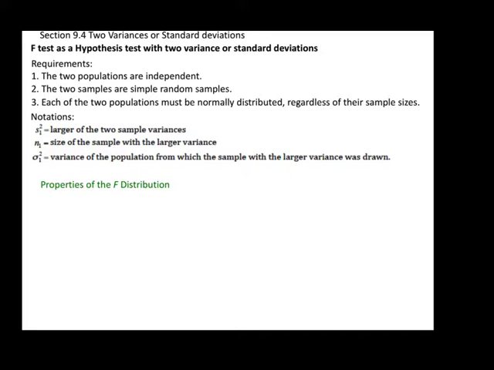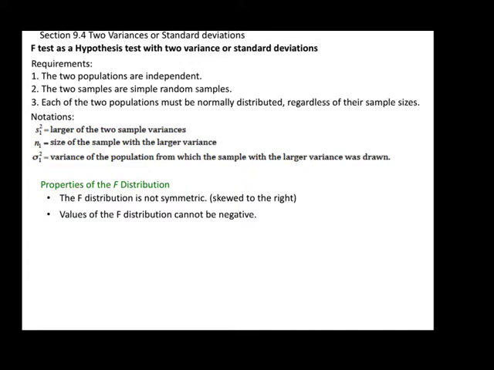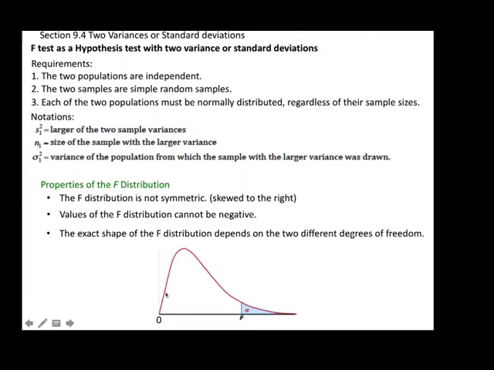Okay, properties of the F distribution. The F distribution is not symmetric. It is skewed to the right, similar to the chi-square. And the values of the F distribution cannot be negative. The picture looks like the chi-square, skewed to the right, starting from 0.